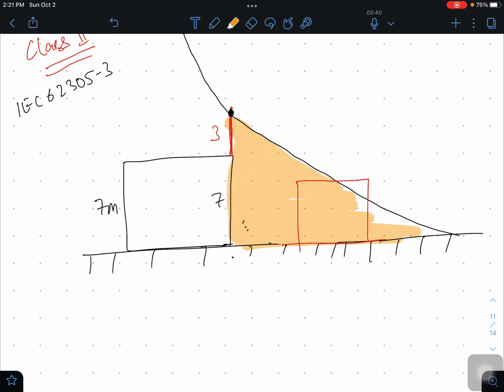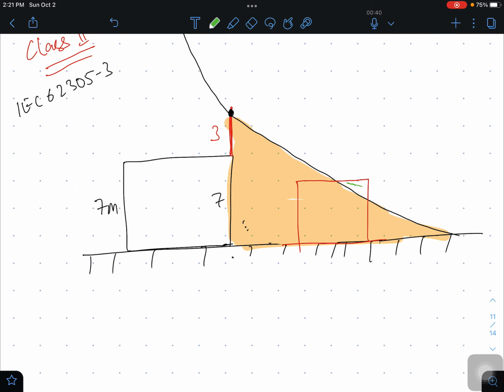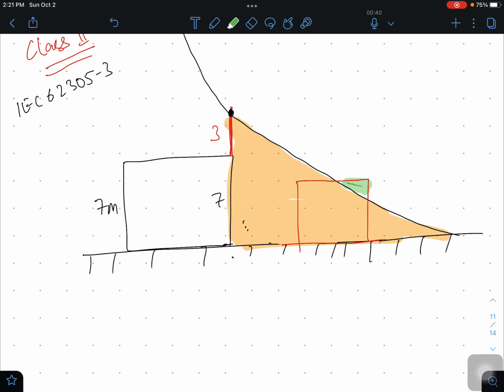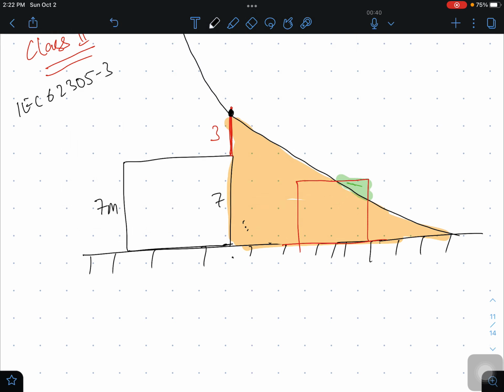So this part is going outside the protection zone. So it is not protected. So whatever I have colored in green, this part highlighted in green, it is not protected because this length from here is 7.09 as we saw, whereas this length is 7.5.